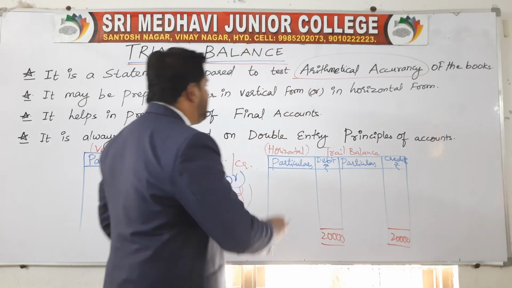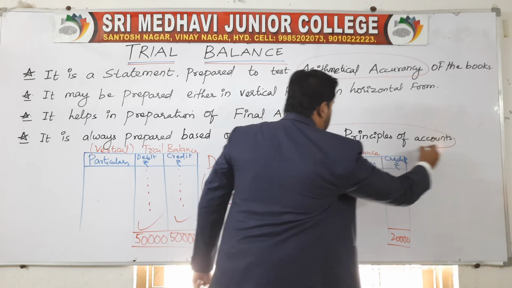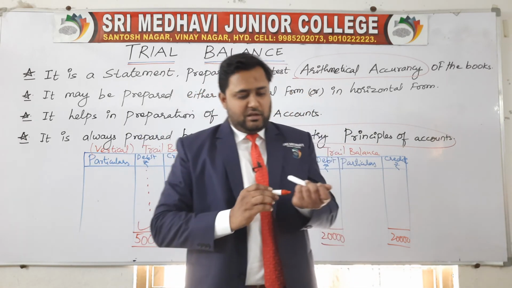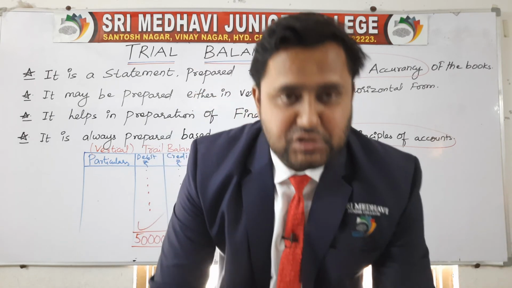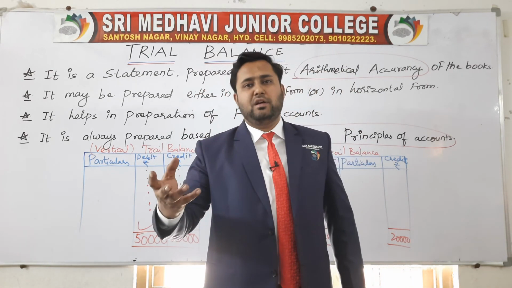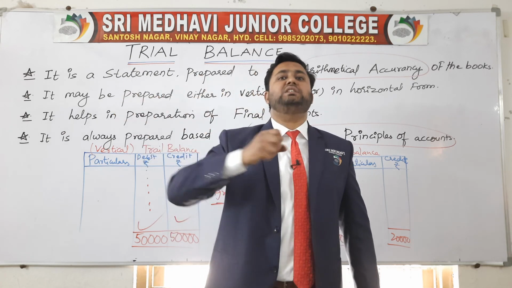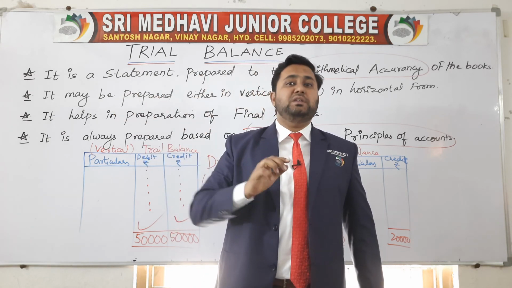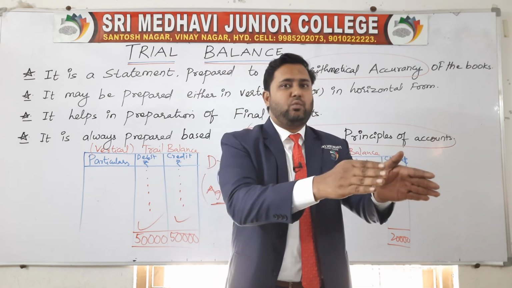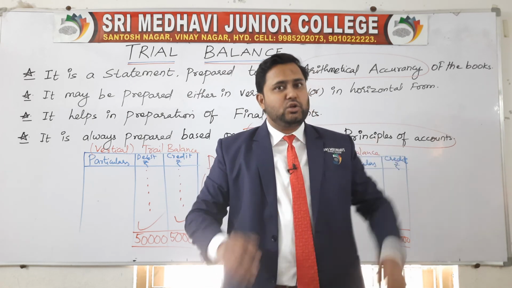What do you mean by double entry principles of account? It means for every debit there is a credit. For every debit there must be a credit, and for every credit there must be a debit. For example, if you are purchasing goods from someone, that means someone is selling to you. If you sold goods to someone, someone is buying from you.